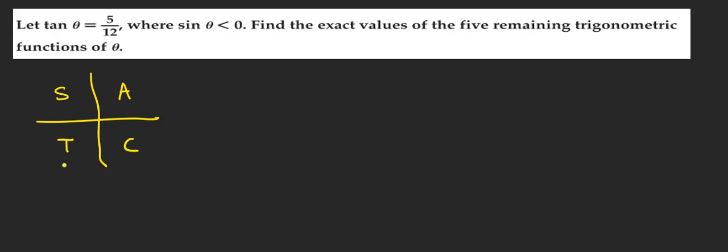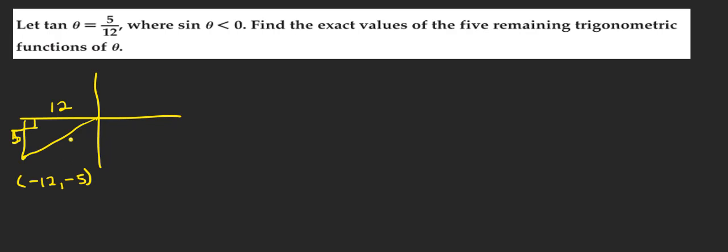In the third quadrant, tangent is positive, and also sine is negative. So this happens in the third quadrant. And in the third quadrant, since tangent theta is y over x, y will be negative 5 and x will be negative 12.